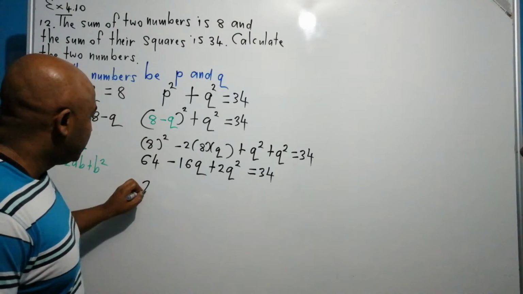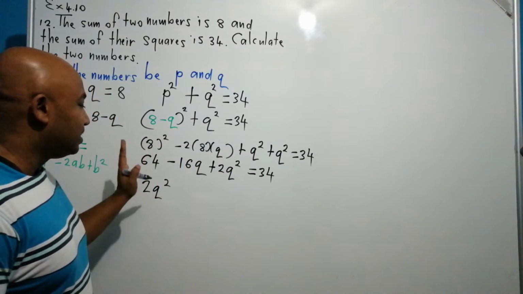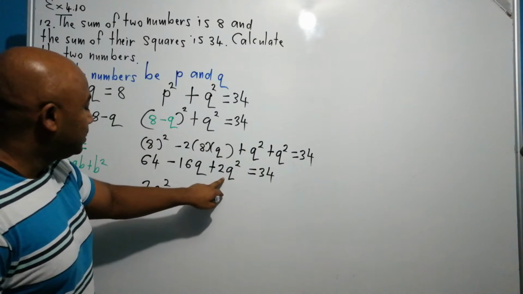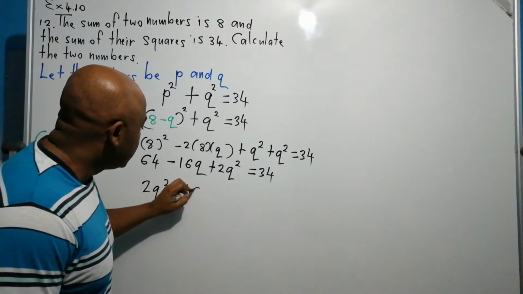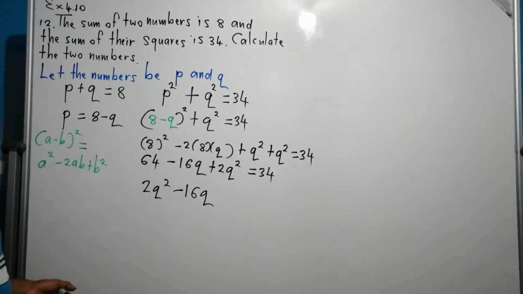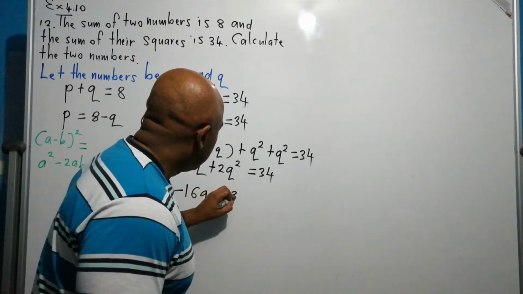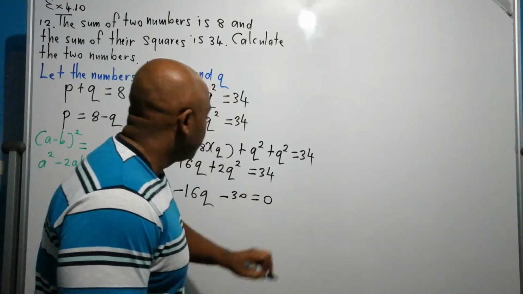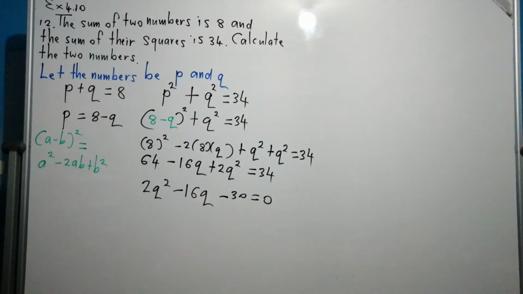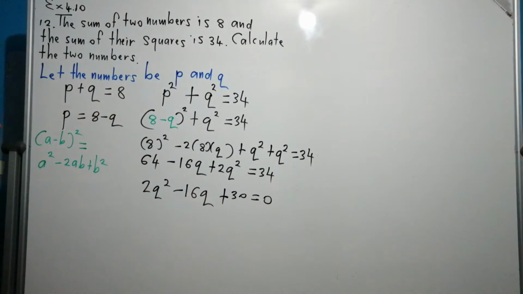So I got my 2q squared. I'm going to write it from highest power to lowest power. 2q squared minus 16q, and then we got 64 minus 34. That will be minus 30 is equal to 0. Okay, sorry, plus 30, which will equal to 0.